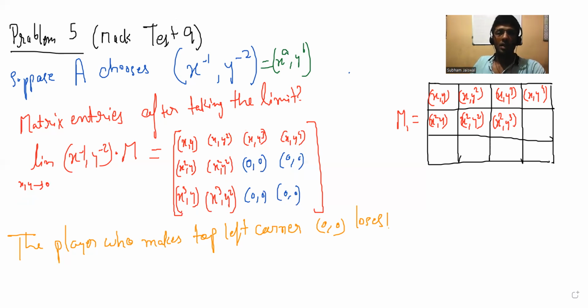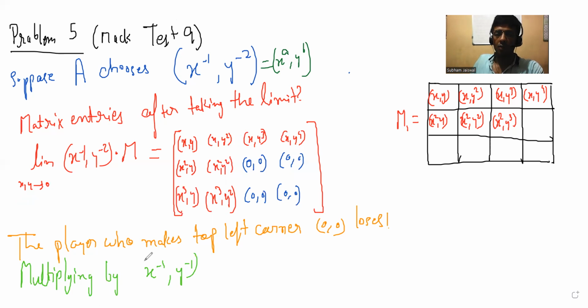So let me write that. What you're saying is, if we remove, so how will you remove? Right, so multiply. Let me just say multiplying by x to the power -1, comma, y to the power -1.